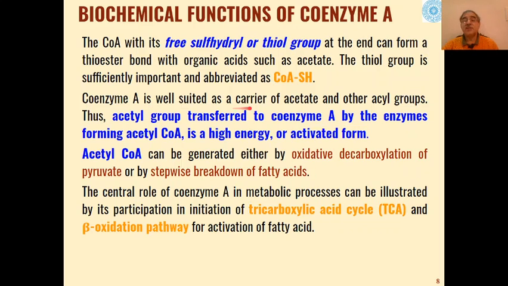So that is what I have said, that coenzyme A is a carrier of acetate and other acyl groups, and the acetyl group is transferred to coenzyme A by enzymatic reactions forming acetyl coenzyme A. Acetyl coenzyme A is a high energy and activated form of coenzyme A, and this acetyl coenzyme A can be generated by oxidative decarboxylation of pyruvate or stepwise breakdown of different types of fatty acids.